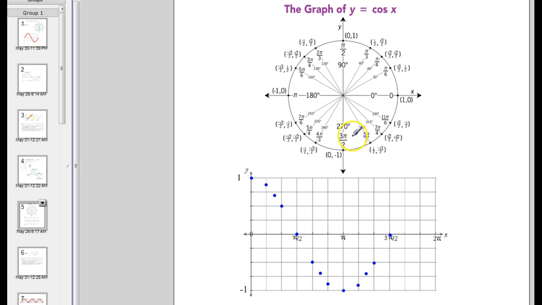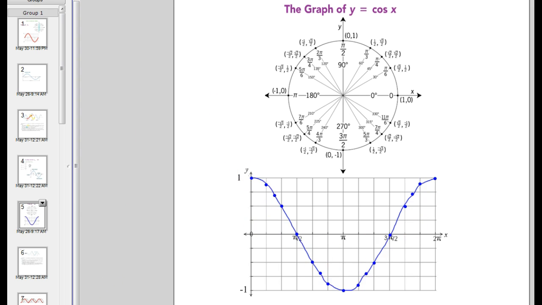Alright, and then we're going to make our way back. From here, we're at 3 pi over 2, we got back to 0 for x, and then we're going to make our way back up again. So 1/2, and then right here we're just below, and then we're up here, and then finally we're back to 1.